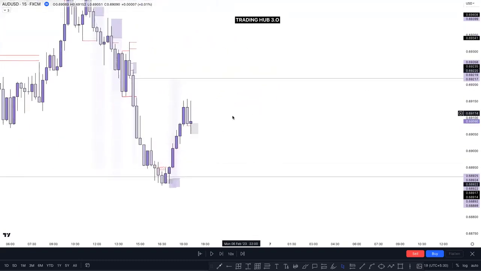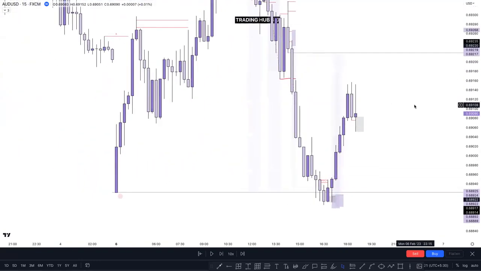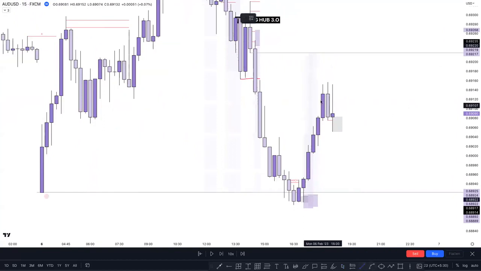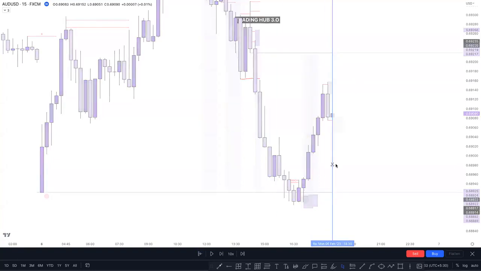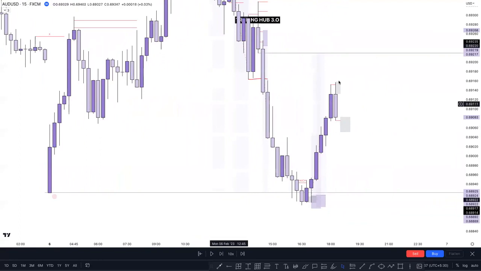If you look at this picture here, the previous candle high was taken out here. Let me show it like this, now you can understand better.